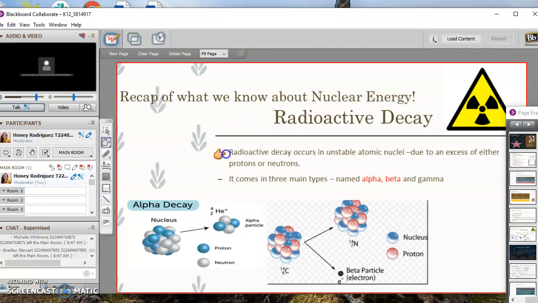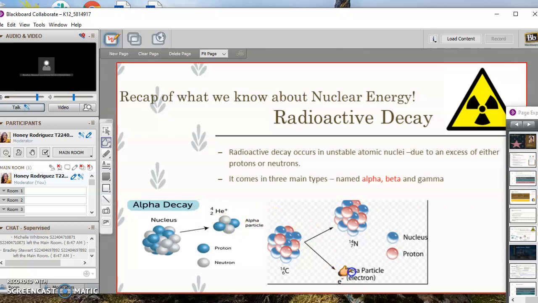Radioactive decay happens in unstable atoms when their nuclei have too many protons or too many neutrons. Radioactive decay comes in three types: alpha, beta, and gamma. When we talk specifically about alpha decay, we saw on the Gizmo that the nucleus emitted an alpha particle, and the alpha particle was just a helium atom.